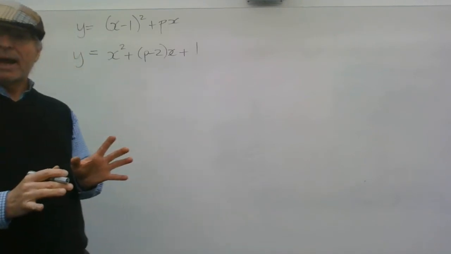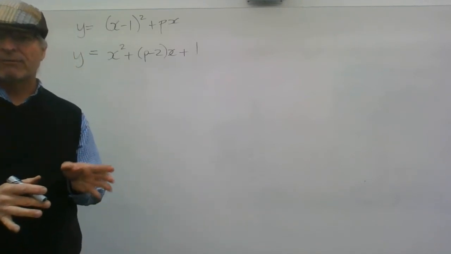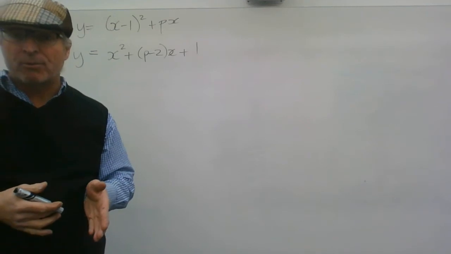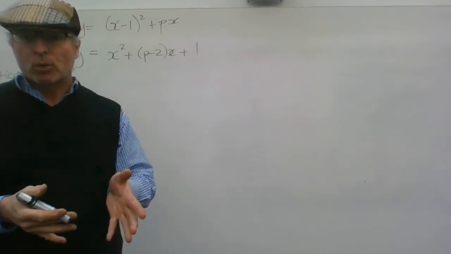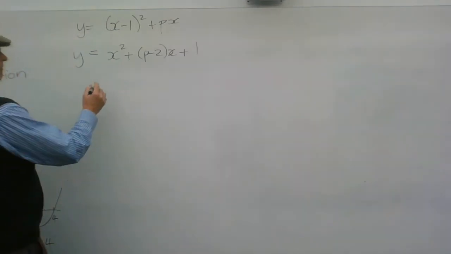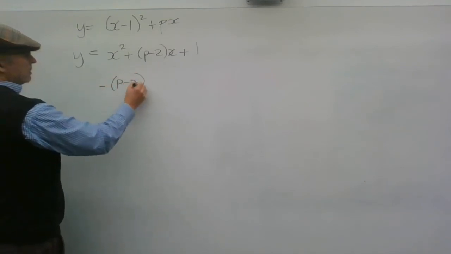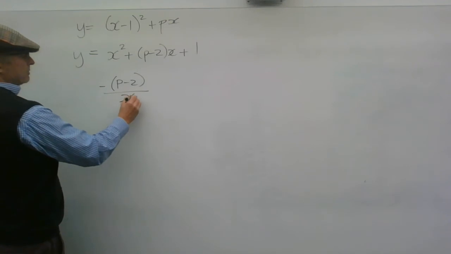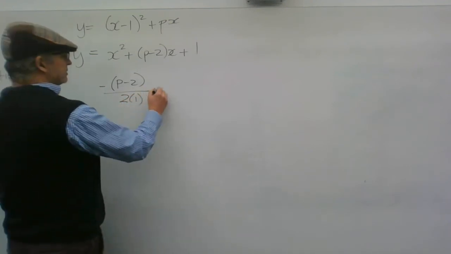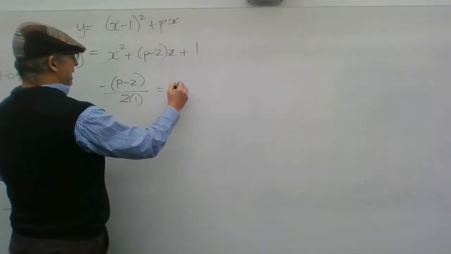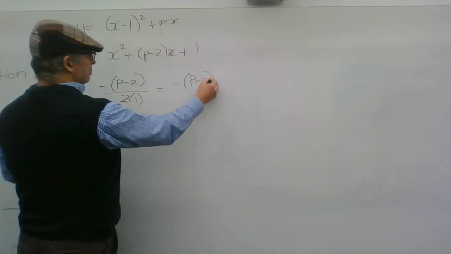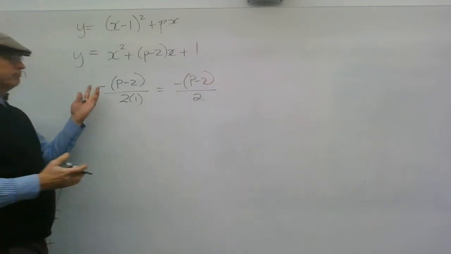Now that's not too hard because the x-coordinate of the vertex, the axis of symmetry of any parabola, is minus b on 2a. So minus b on 2a is minus (p minus 2) on 2 times 1, right? So it's just minus (p minus 2) on 2.